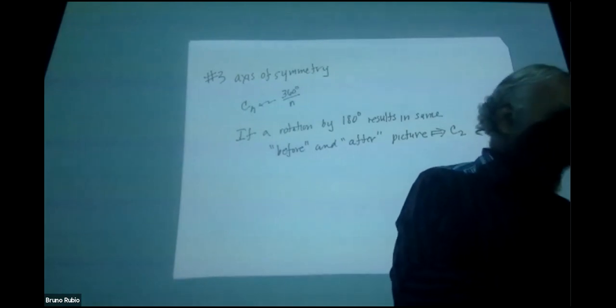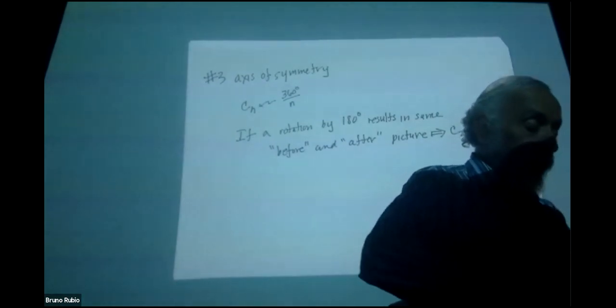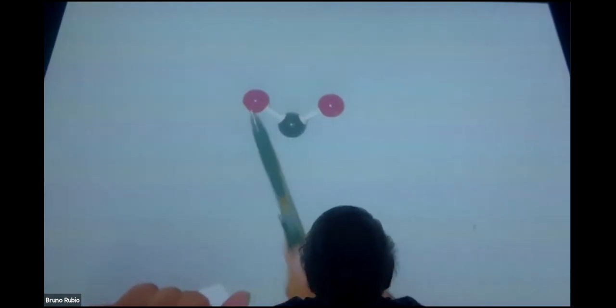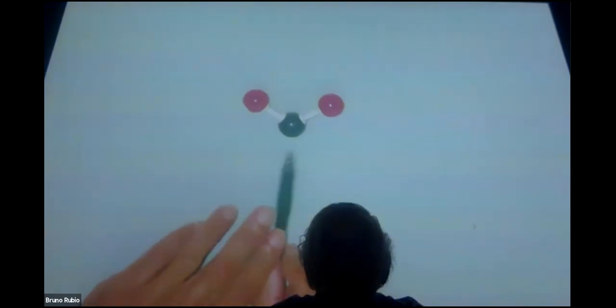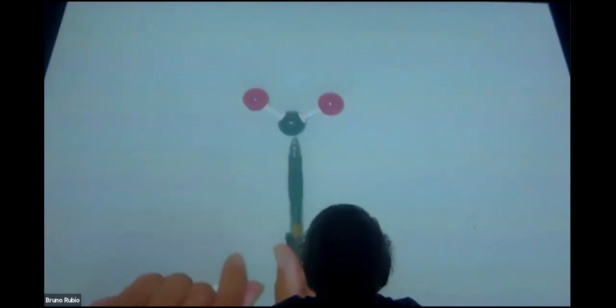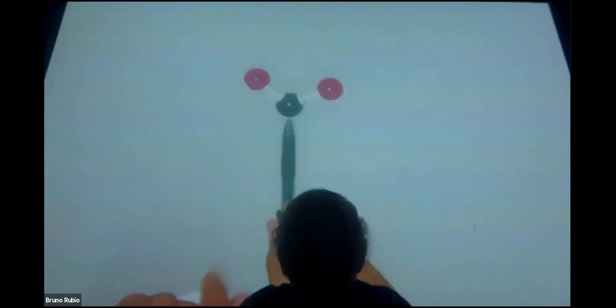Okay, so let's look at an example here, because the symmetry operations are quite confusing. There's the water molecule, right? Let's say that's oxygen, that's hydrogen, that's the water molecule. I'm going to rotate this by 180 degrees. My pen here is illustrating the axis of the rotation.